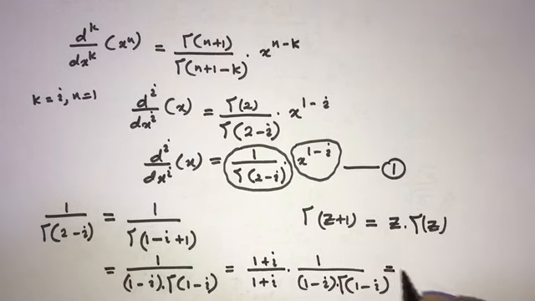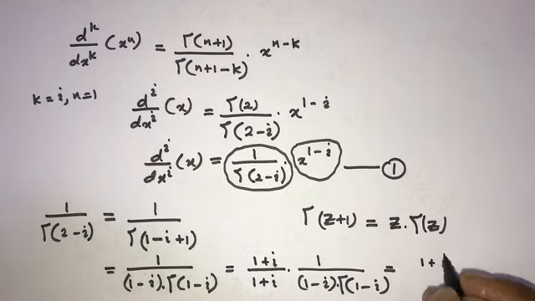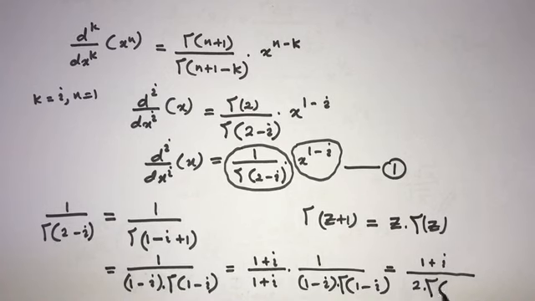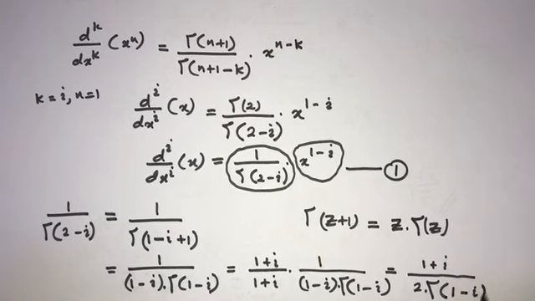So this is equal to 1 plus i over, now 1 plus i times 1 minus i. So here 1 minus i squared, so 1 minus minus 1, so 2. So 2 times gamma of 1 minus i.